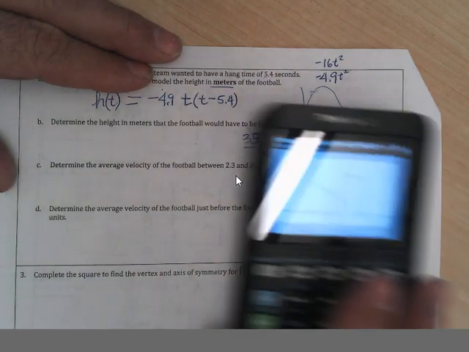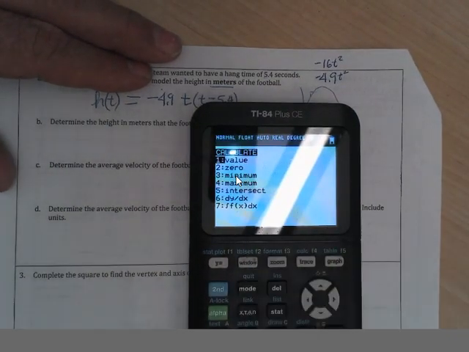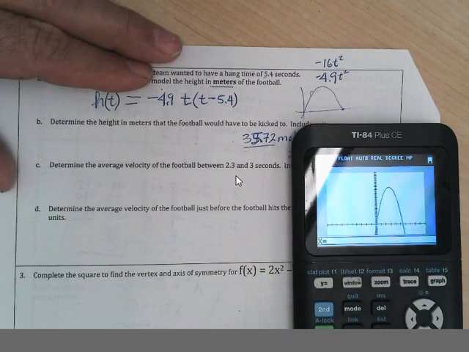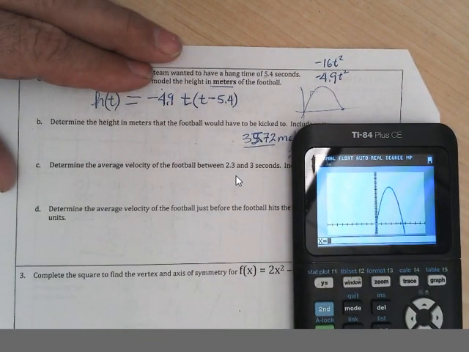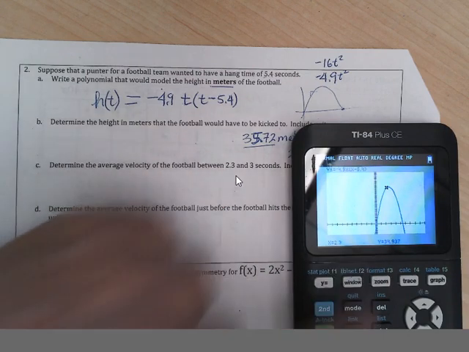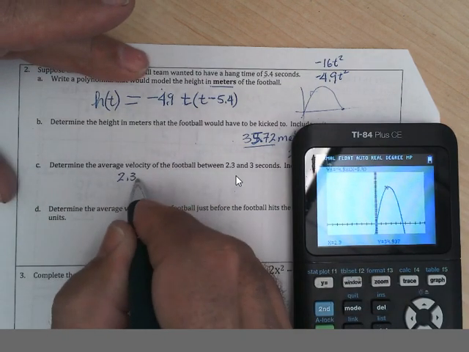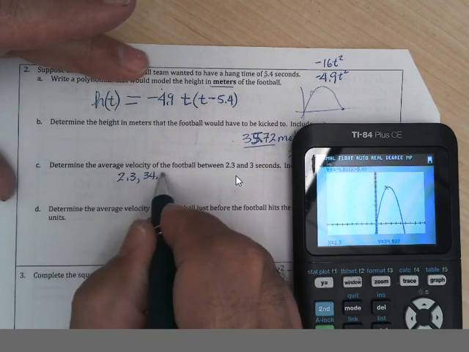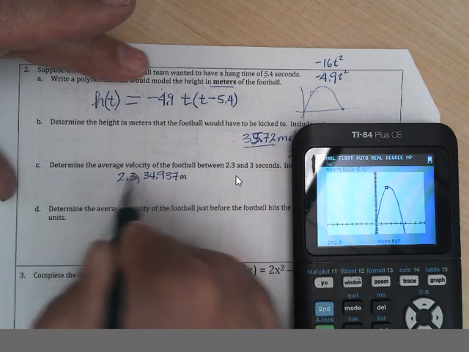Where is it at 2.3 seconds? So I'm going to go second, calculate the value. This is the easy way to do it on the calculator. Second, calculate the value at 2.3, and it's at a height of 34.937 meters at that many seconds.